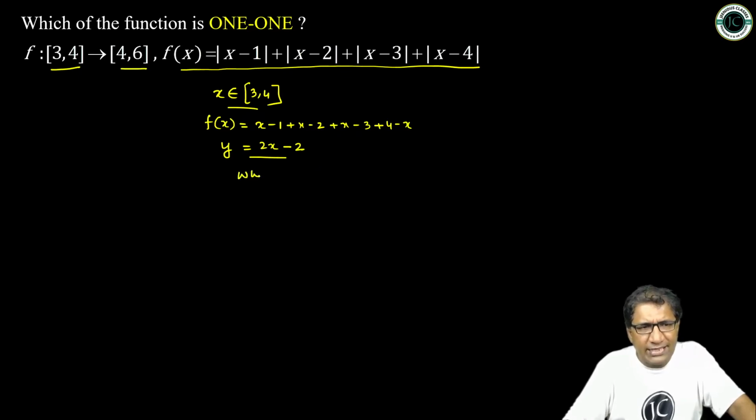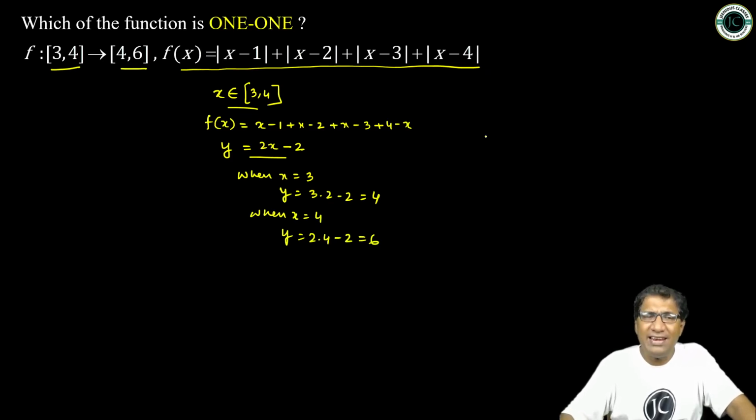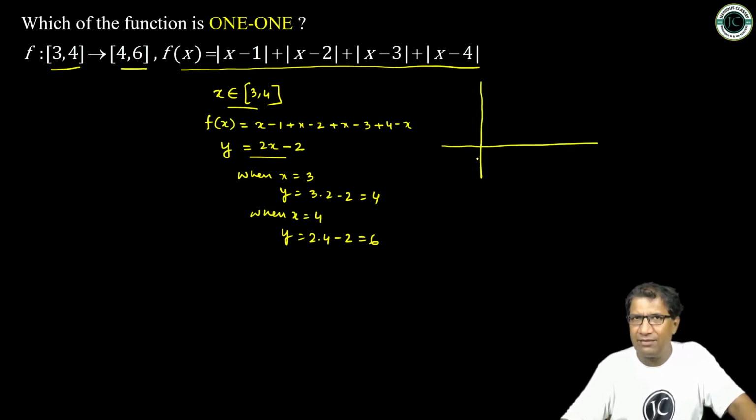Now when x is 3, then your y is coming to 4. And when x is 4, we are getting y as 6, right?